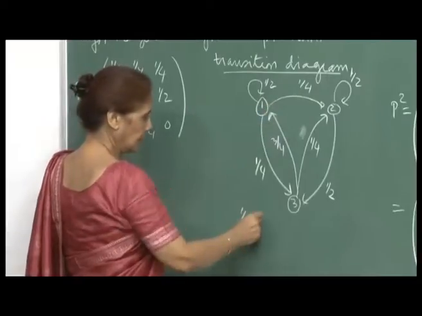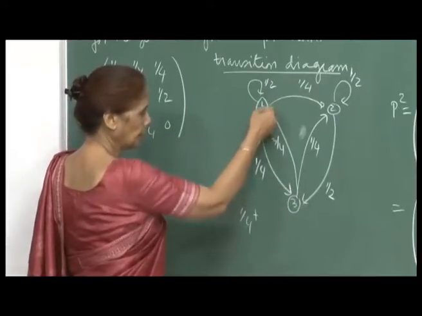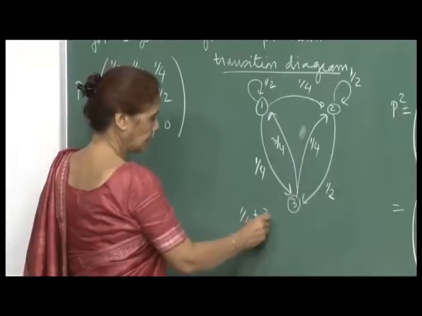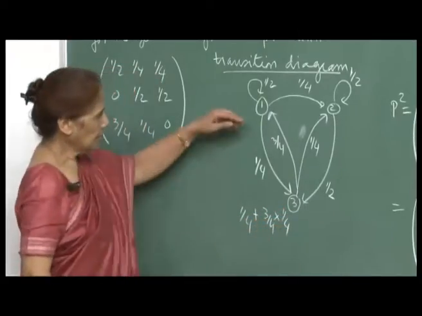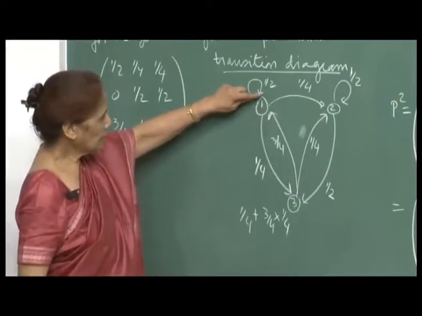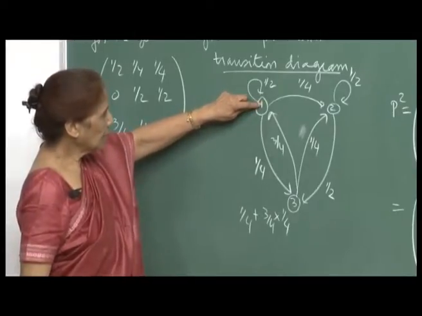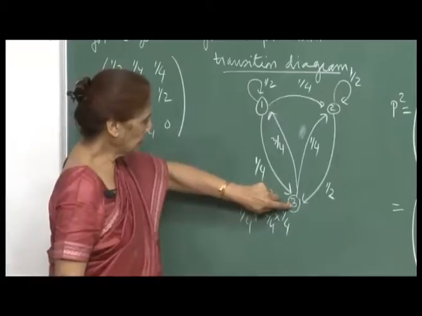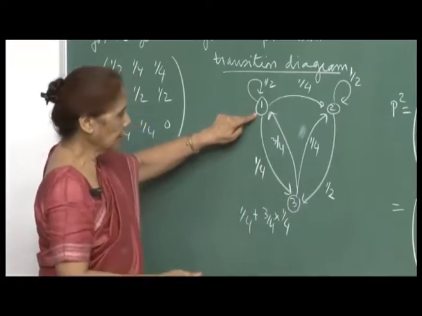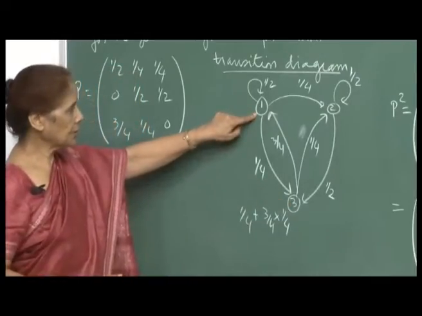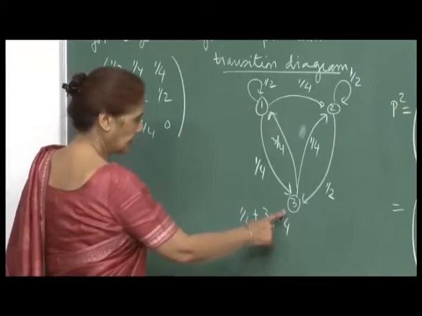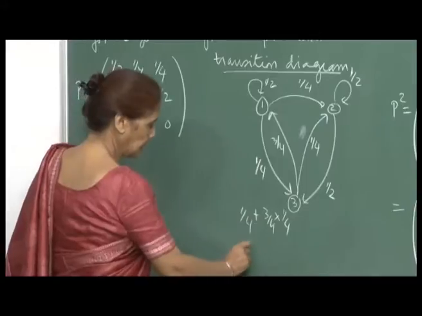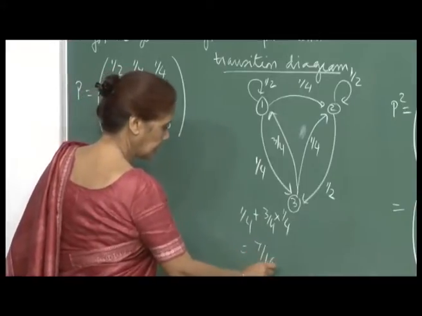So, you can go to 3 and then 3 to 1. So, this will be 3 by 4 into 1 by 4. You can either stay at 1 and then again 1 to 1, or you can go from 1 to 3 and then 3 to 1. These are the 2 possible paths in 2 steps if you want to transition from 1 to 1. So, this is 3 by 16 and this is 4 by 16. So, 7 by 16.